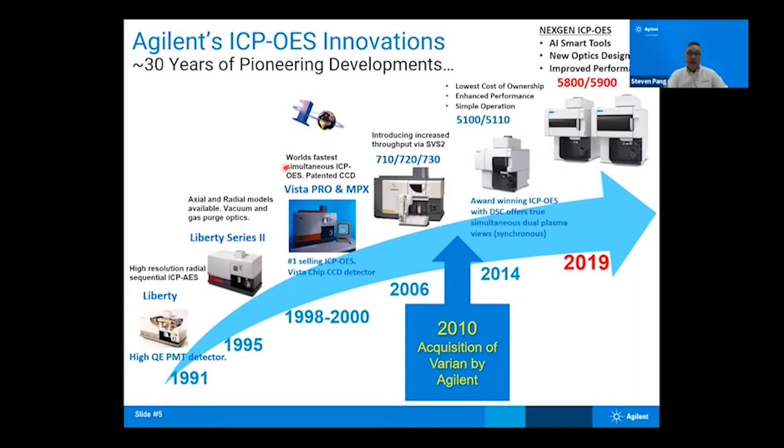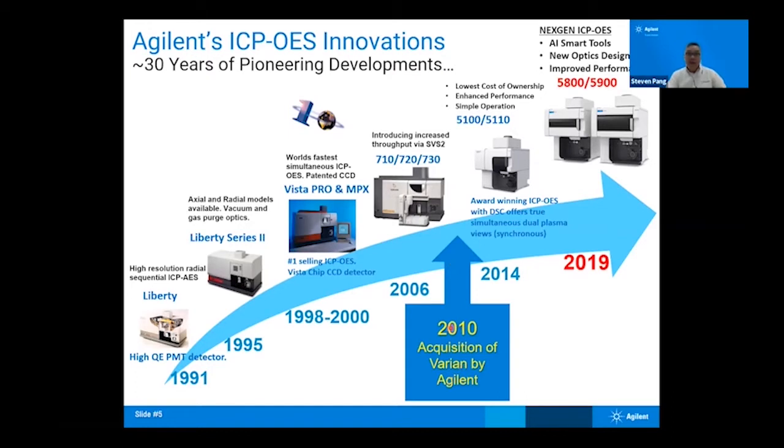The turn of the millennium saw Agilent moving into the use of solid-state detectors, such as the charge-coupled device detector that was first used on our Vista series, known as the Vista Pro and Vista MPX. These were one of the world's first and fastest simultaneous ICP-OES, and at that time, it was known as Varian, and Varian was acquired by Agilent in 2010.